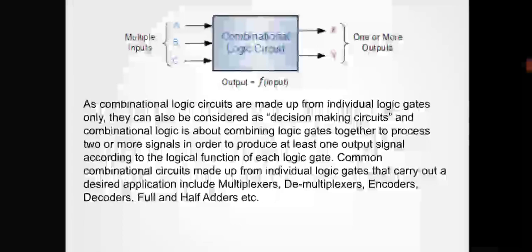And combinational logic is about combining logic gates together to process two or more signals in order to produce at least one output signal according to the logical function of each logic gate. Ultimately, they have given a standard set of sentences in the form of a paragraph, but you have already done this.